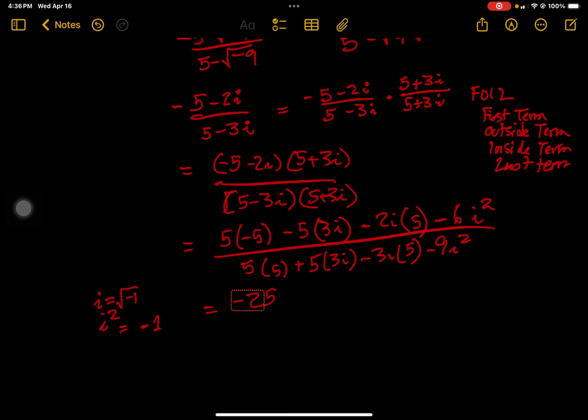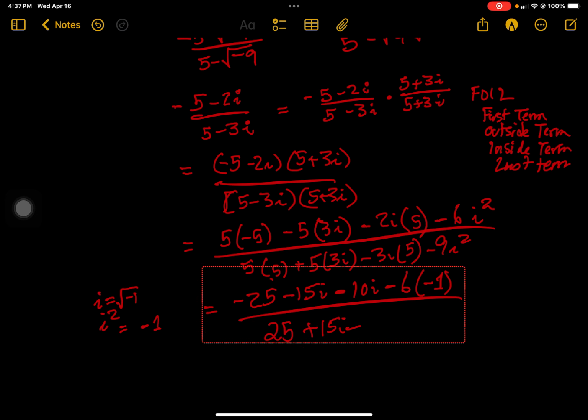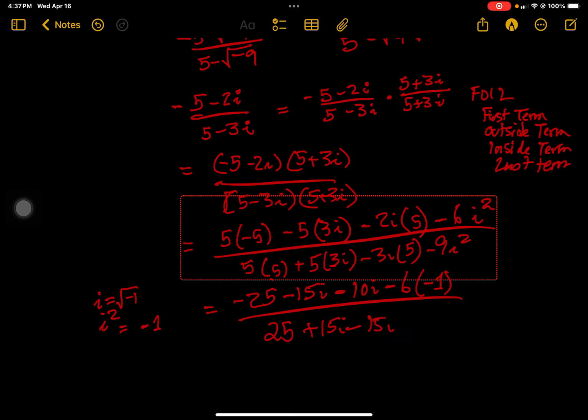Minus 5 times 3 is minus 15i. Minus 2 times 5 is minus 10i. And then minus 6i squared; for i squared I will write minus 1. Divided by 5 times 5 is 25, 5 times 3 is plus 15i, minus 3 times 5 is minus 15i, minus 9i squared, where i squared is minus 1.